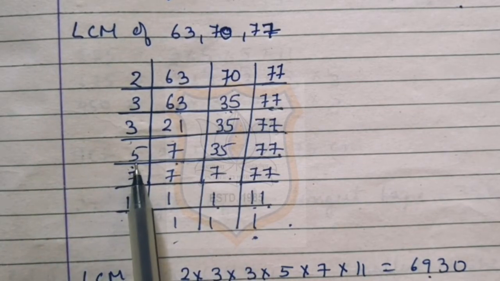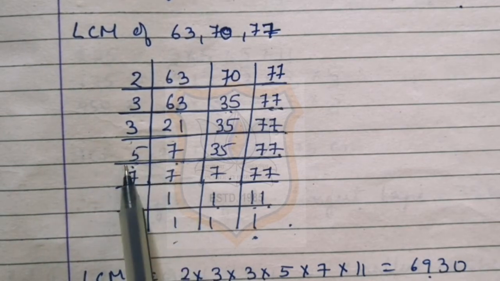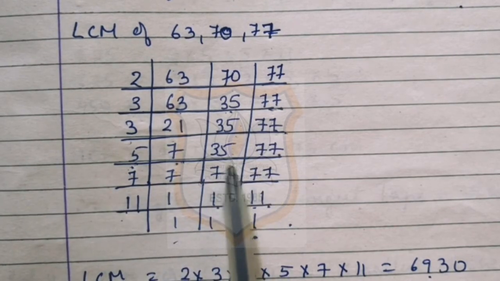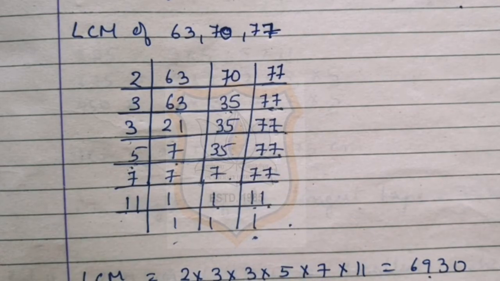We will divide 7 by 5. 7 is not divisible by 5, so we will write 7 as it is. We will divide 35 by 5. By dividing 35 by 5 we will get 7 as quotient, and 77 is also not divisible by 5 because the unit digit here is 7. So we will write 77 as it is.